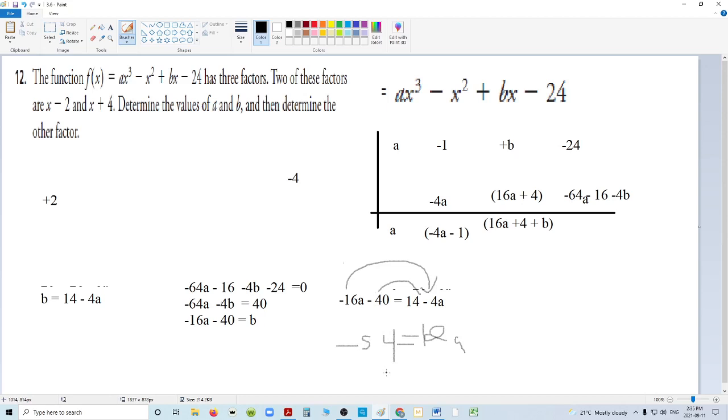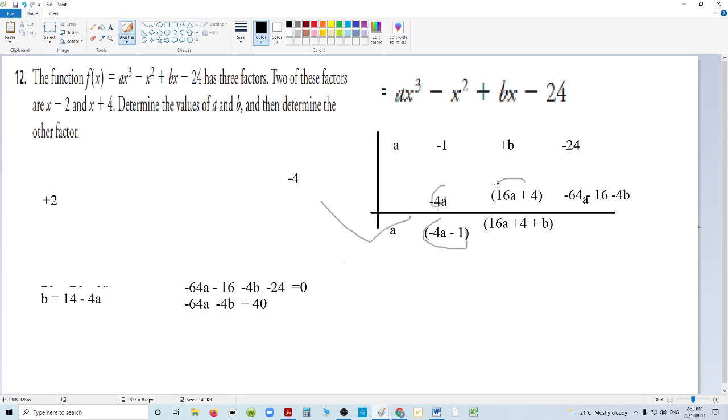Now let me make sure that I didn't do something wrong there. Yeah, that should still have worked out, but let me check my math one more time. When I add that minus 4a minus 1, I get plus 16a plus 4, yep. When I add that, I get the same thing plus b. When I multiply by minus 4, I get minus 64 minus 16, yep.